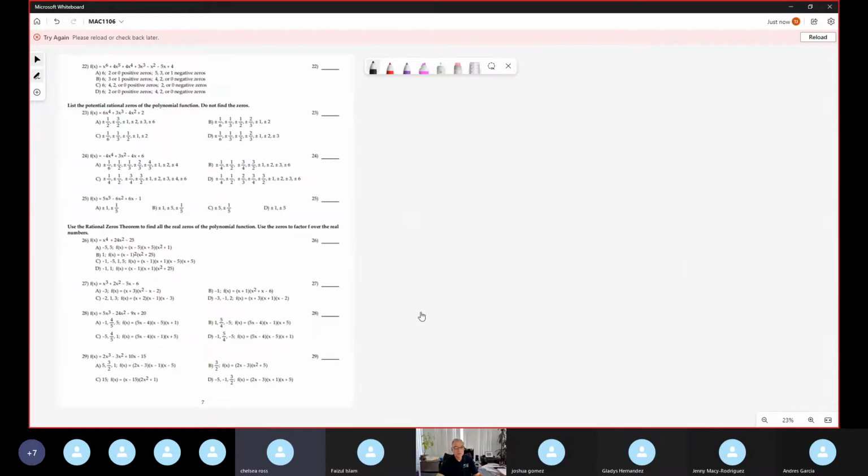Okay, so f of x is x to the 6th power, plus 4x to the 5th power, plus 4x to the 4th power, plus 3x cubed, minus x squared, minus x plus 4.